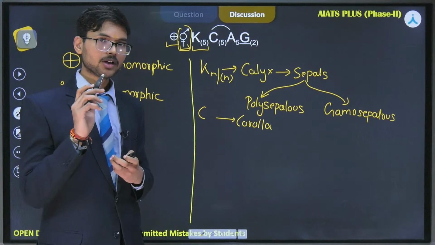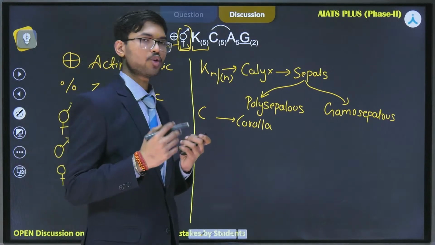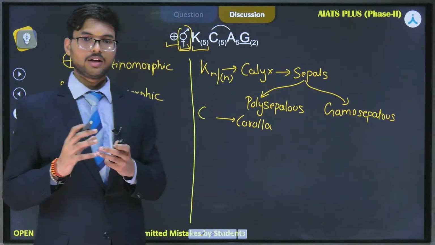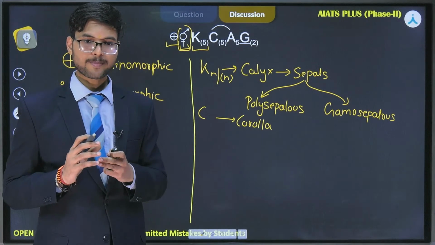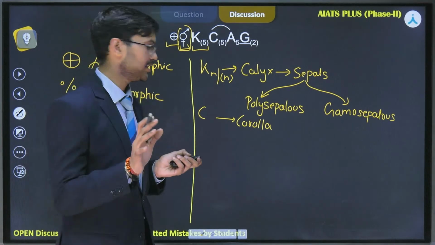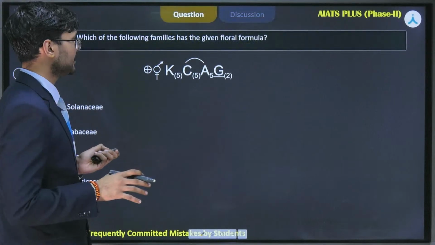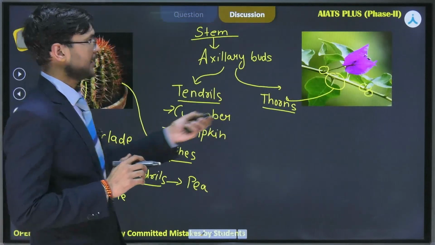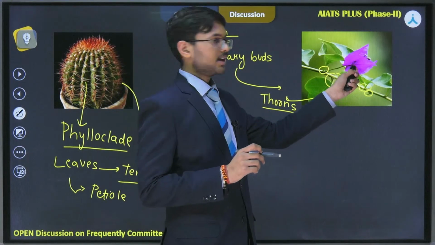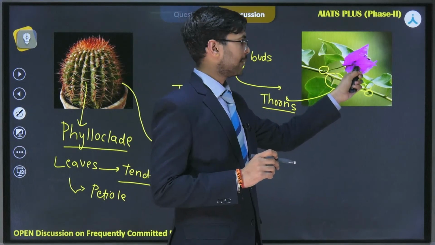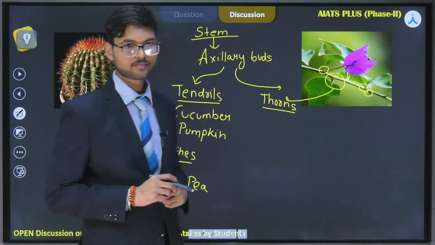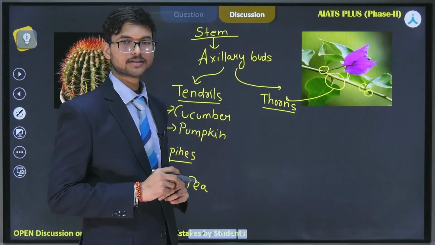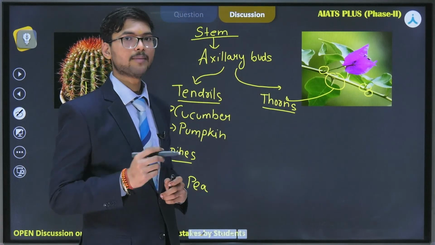Okay. Now one question arises, you have seen bougainvillea, right? You have seen this bougainvillea in the previous slide itself. Tell me, is it a sepal or a petal? Is it a sepal or a petal?